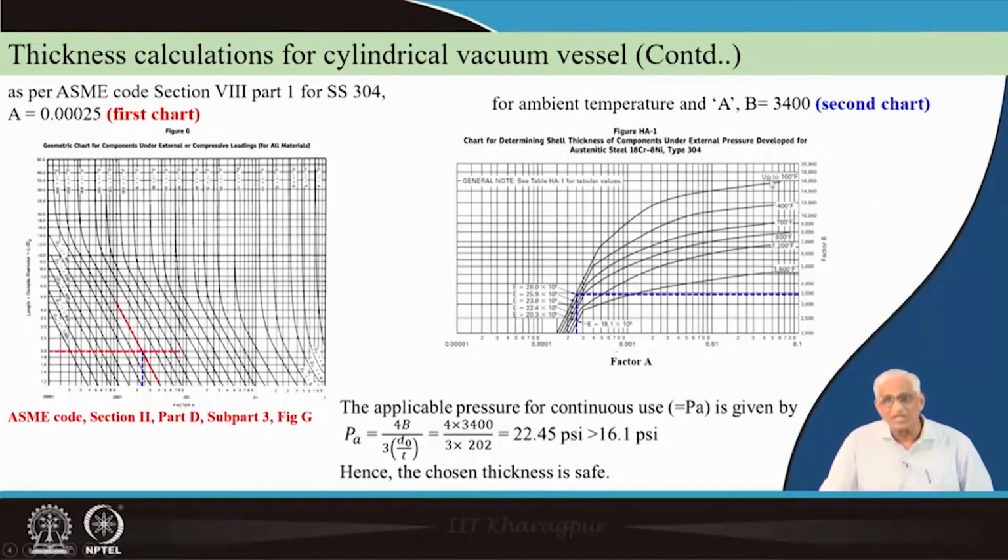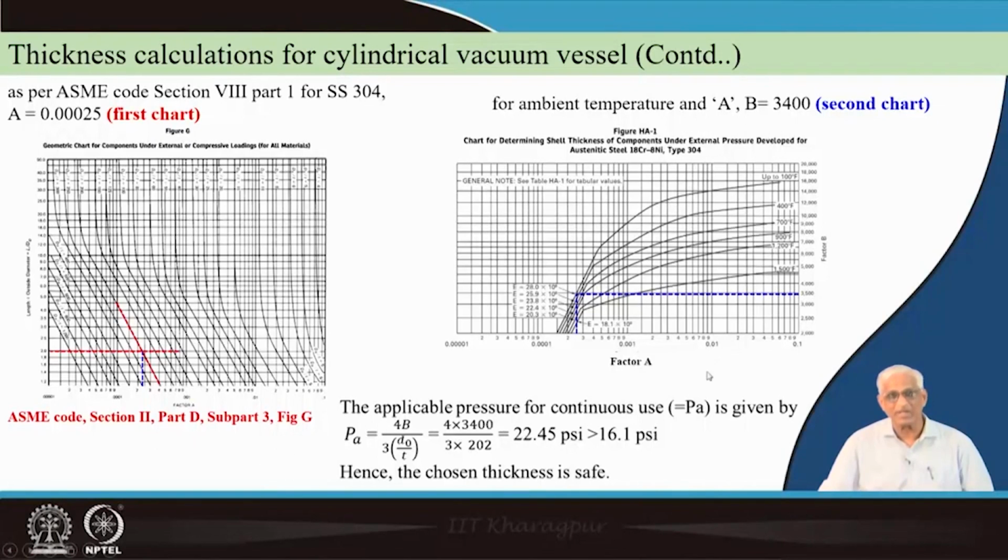So, you go to that room temperature curve of SS304 chart and go to that particular factor A, which you have calculated from geometry factors here. So, you have started from L by D, d naught by t. These are the two parameters which is very easy for you to finalize, and a guessed thickness from your experience. From there, go to these curves, find out the A factor. Use that A factor and finalize the temperatures to which the vessel is subjected to and the material with which the chamber is made. Then go to the second chart and get another parameter called B parameter.